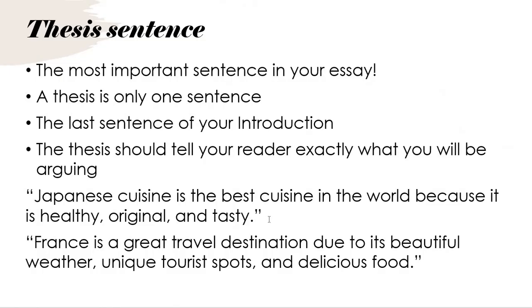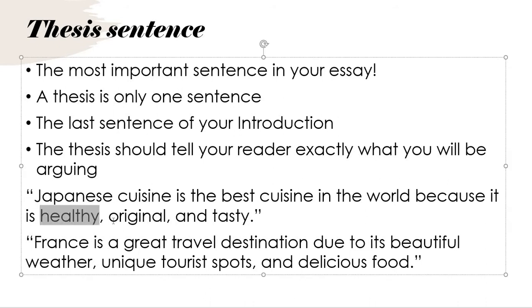So similarly, the thesis should contain the 3 arguments that you will be writing about in your body paragraphs. So the first body paragraph in this example will be about the healthiness of Japanese food. The second paragraph will be about the originality and creativity and how different and how unique Japanese food is.